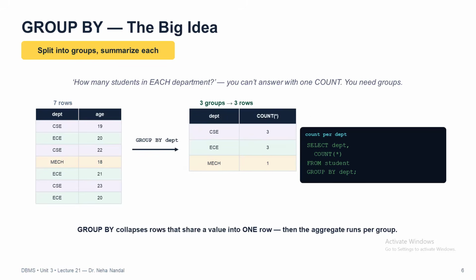To display the department, first we write select department, and along with that we want to display the count per department, so we add count star from the table, and we group it by department. We can group by age also, so we'll try both of them. This is the GROUP BY clause, and this is how it works. Let's try it.